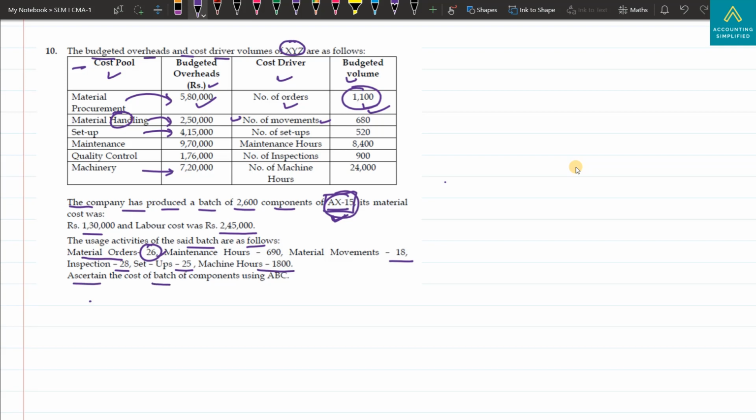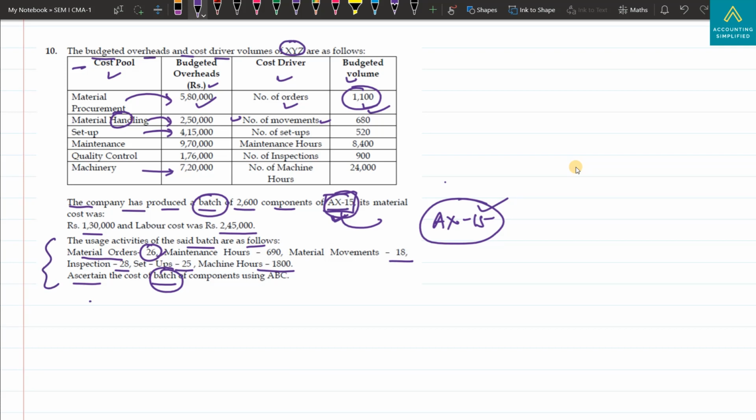Ascertain the cost of the batch of component AX15. So for AX15 we have to find out; we need not find out any cost for other products. We are interested in AX15 only, right? All products are not important here, and the data is also not given, so we cannot find out.